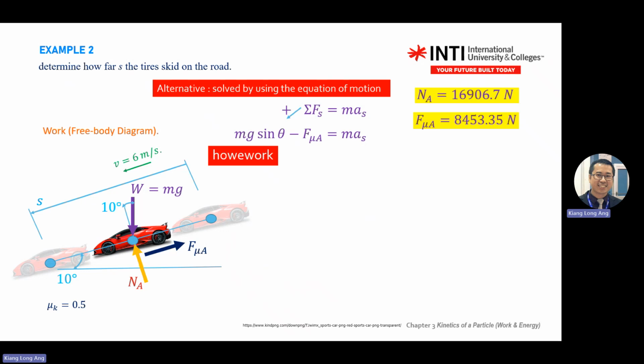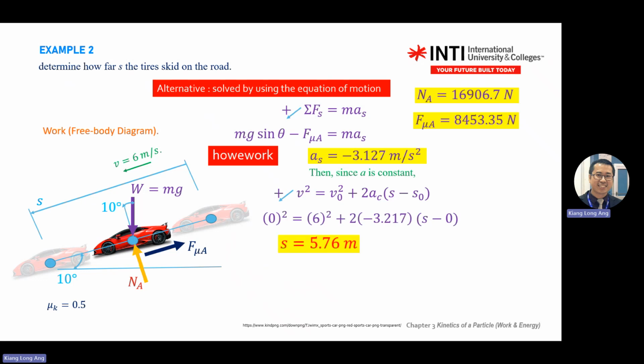So you just substitute based on the slope, so you get your a. In chapter 2, you need to find a always, then you find the force. So here, because it's constant, you can use the three Newton equations. In this case, you want to find the s, the distance traveled. So you have the v, you know the acceleration, there's one missing. So use this equation, you still find the same answer, also 5.76.